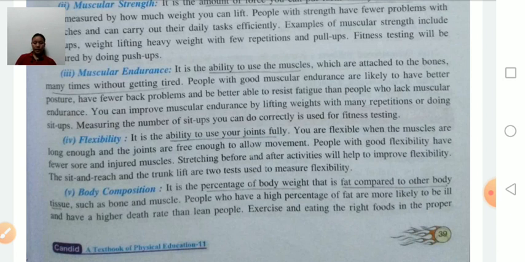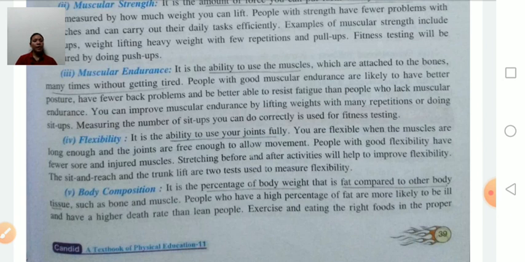Body composition can be measured by instruments called calipers, specialized scales, or it can be calculated by body mass index, which is calculated using weight divided by height squared. Body composition means the percentage of fat in your body as compared to other body tissue.